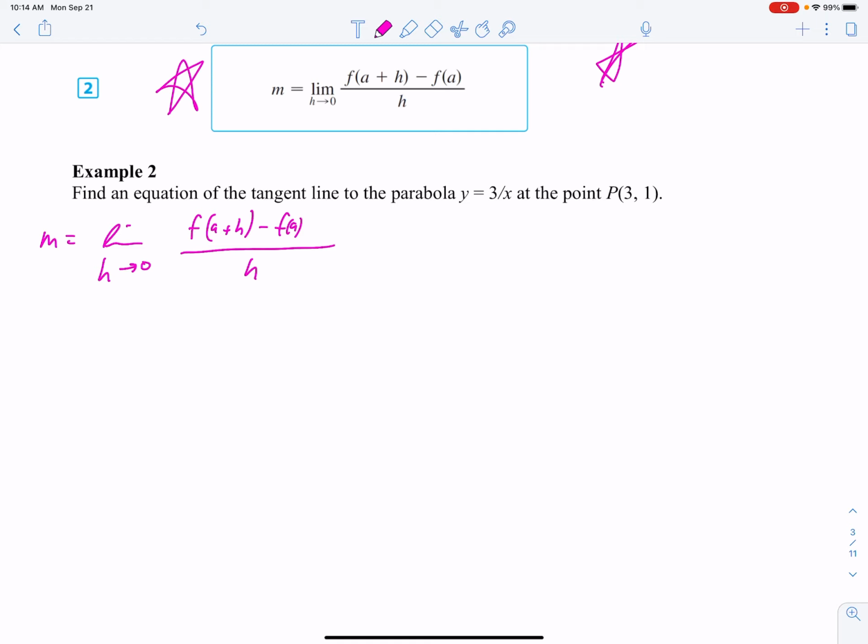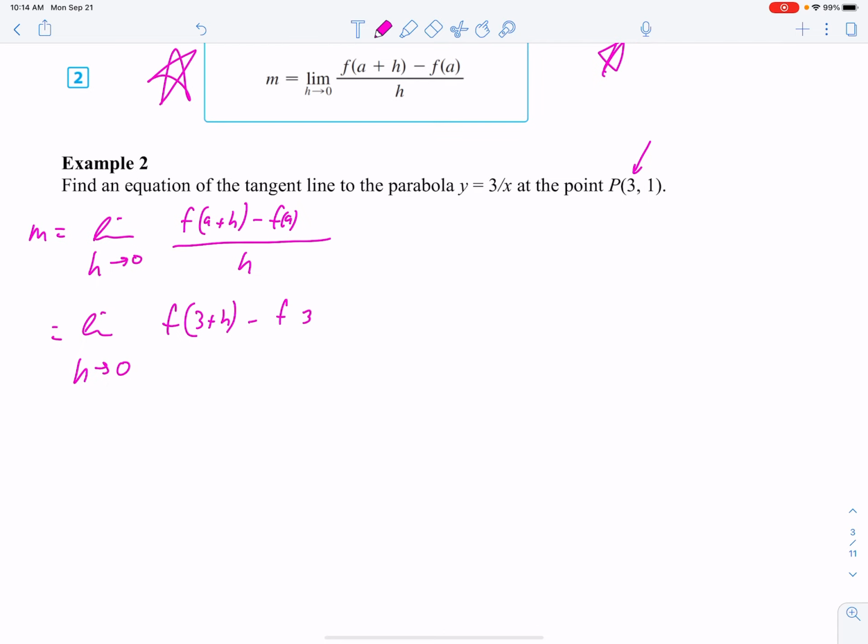So in this case, remember, a is your x value in the given point. So a is 3. So here we go again. I know this is going to be tedious. The limit as h approaches 0, f of 3 plus h minus f of 3 over h. So we plug and chug, right?